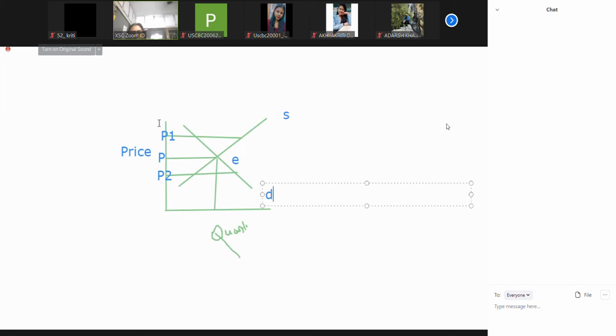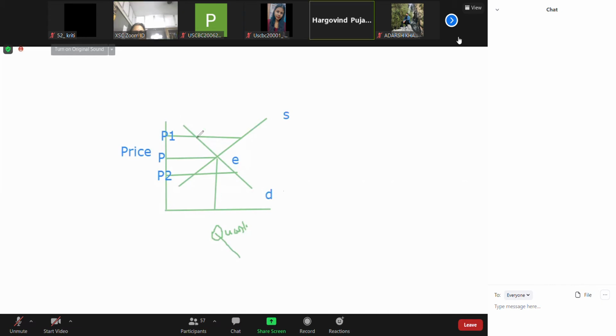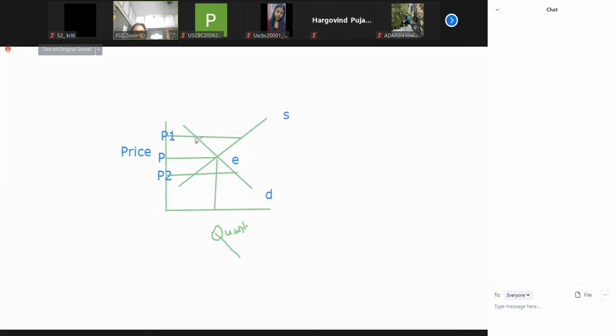What will be the demand? Just look at this. The price line P1 is cutting the demand curve at this point. From this point, drop a perpendicular on the x-axis.